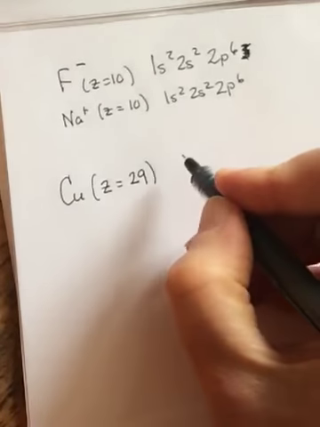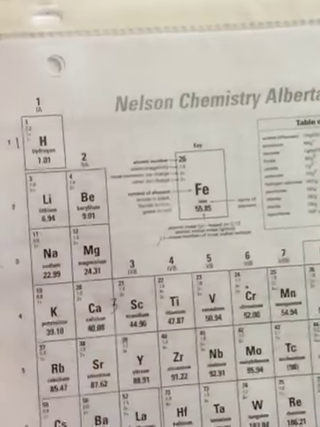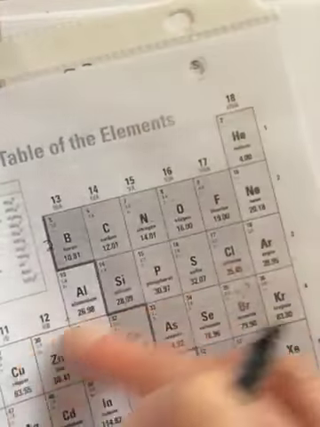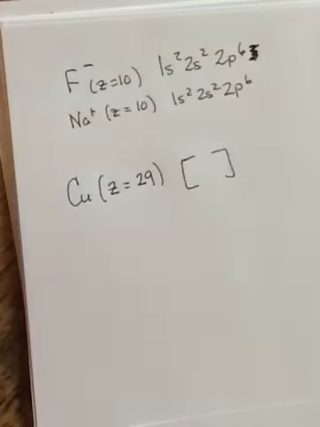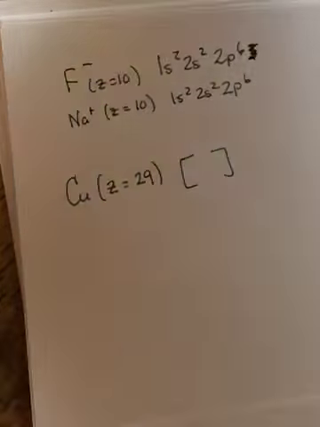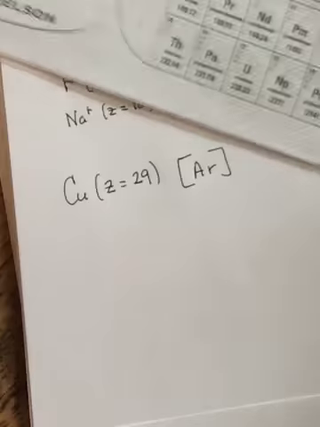And it wants the kernel method, which means you go to the noble gas that precedes it. The noble gas that precedes it is argon, and argon has an atomic number of 18. So we need 11 more.